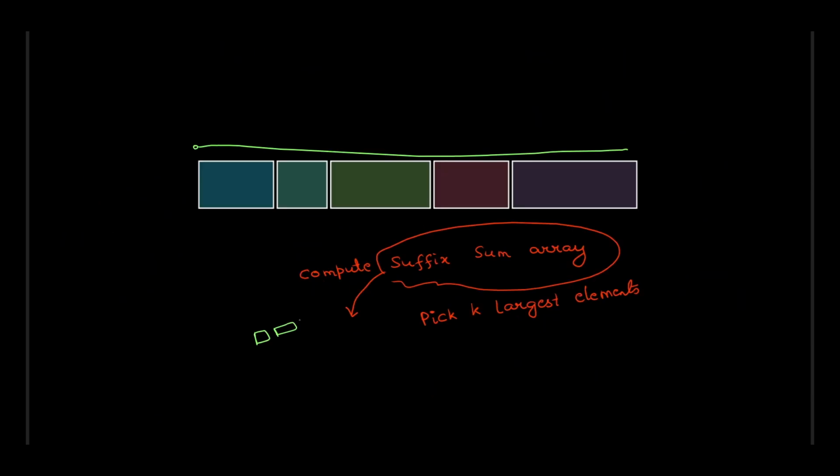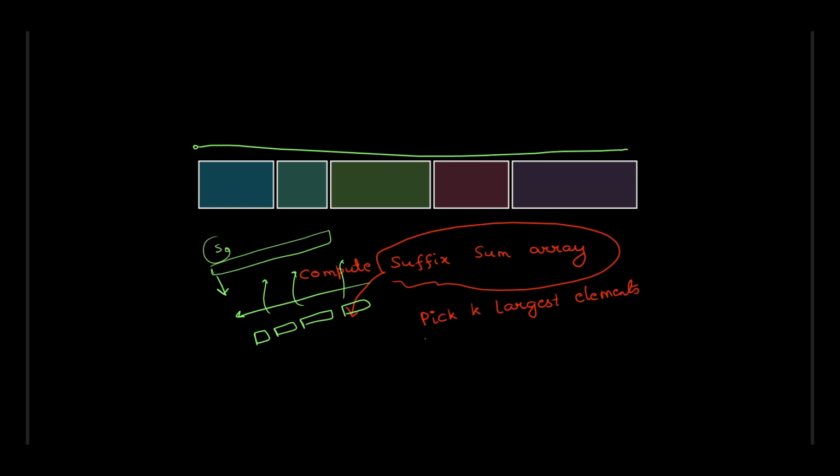And if you are creating blocks like this, then this suffix sum will definitely appear, because you can borrow one B from here, one C from here, one D from here, and one A from here to construct this entire thing as the suffix sum of the 0th element.